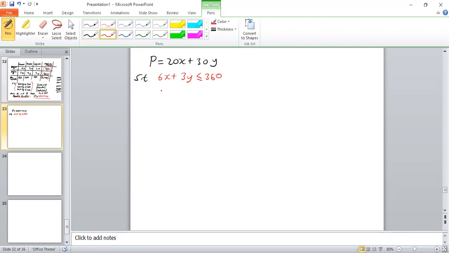The next one, 2x plus 7y is less or equal to 280. The next one, 2x plus 2y less or equal to 140. Is it clear?